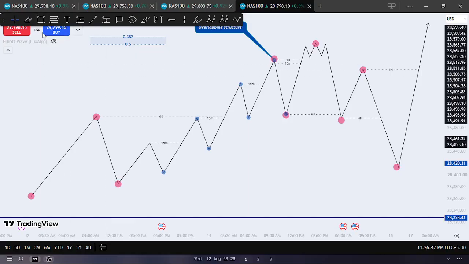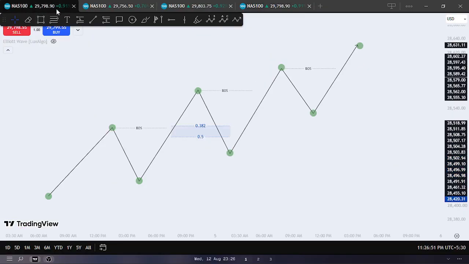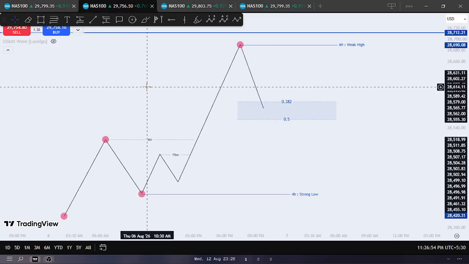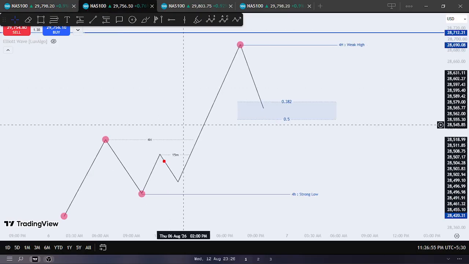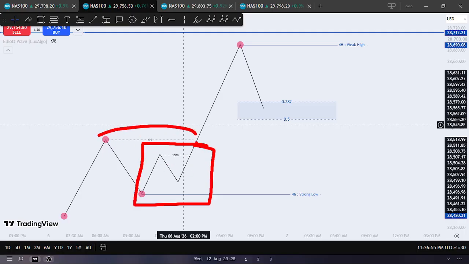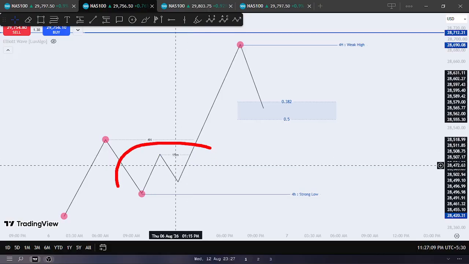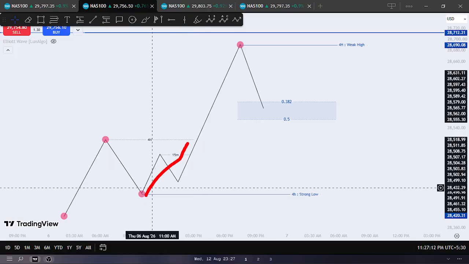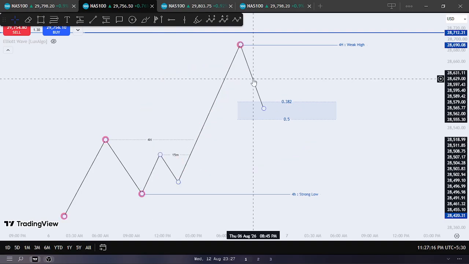But what my understanding allowed me to realize is that you can use the FIB tool only when your internal structure is below the 4R break of structure. If it is like this, you can just ignore it.